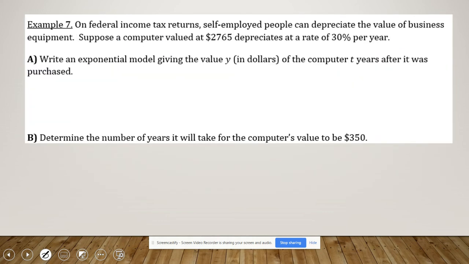Example 7. So income tax return, they can depreciate the value of business equipment because equipment loses value over time as you use it. So we're using exponential decay. Here's a computer valued at $2,765.